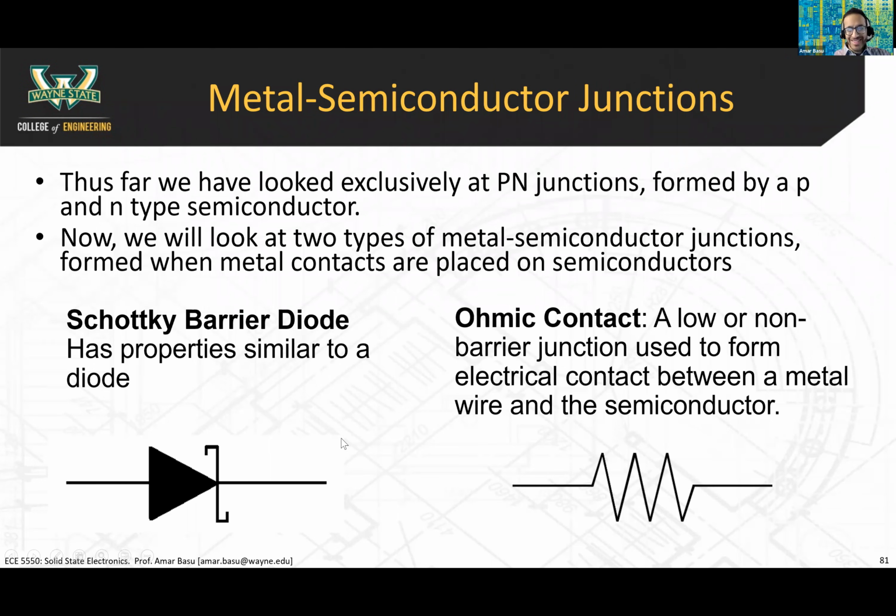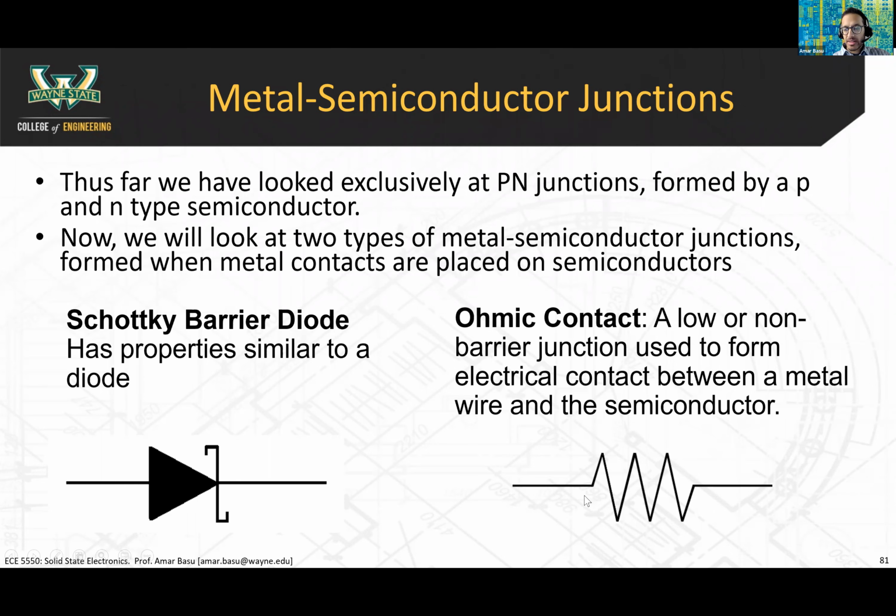Sorry about this. So you have a metal, you have a semiconductor, and you have to make a metal contact to that semiconductor. In some cases, that metal contact will form something called a Schottky barrier diode, which has diode-like properties. And in some cases, that metal junction will form an ohmic contact.